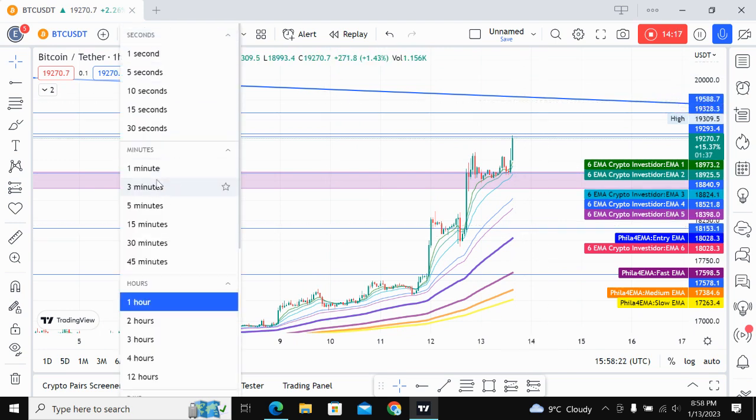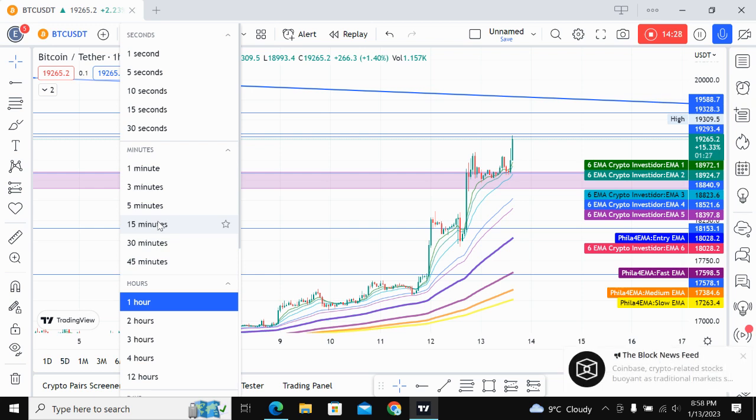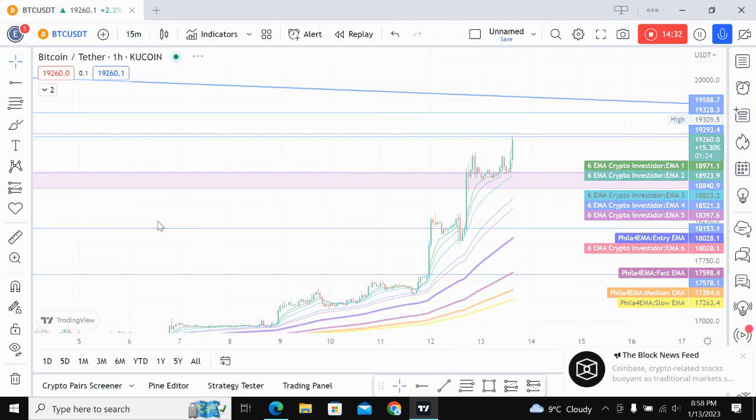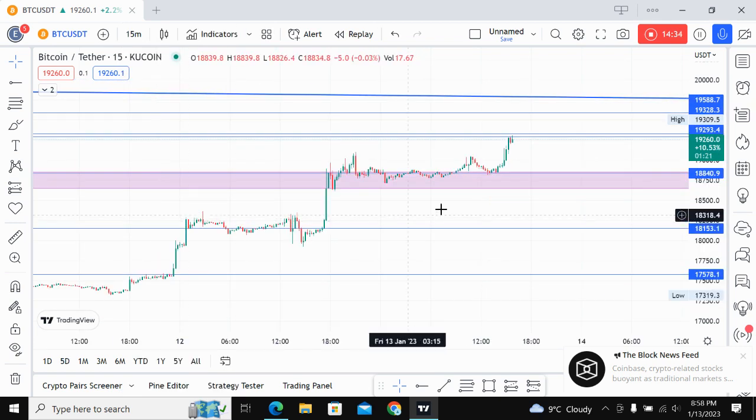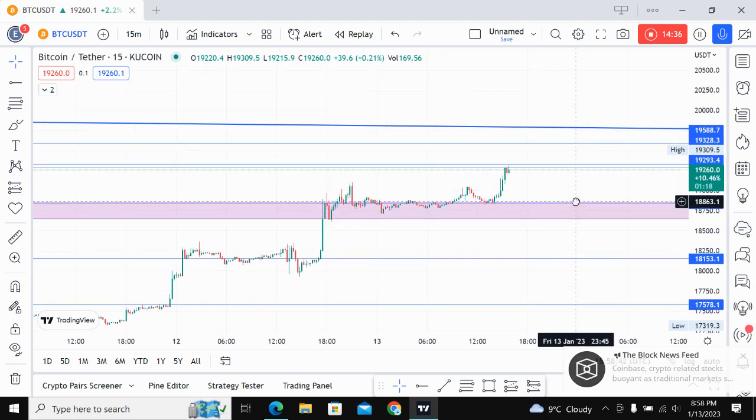Okay. If you want to check the smaller time frames like 15 minute or 5 minute, you can, but I don't recommend you trade on these smaller time frames, because these are for very mature and very professional traders who can trade small time frames.